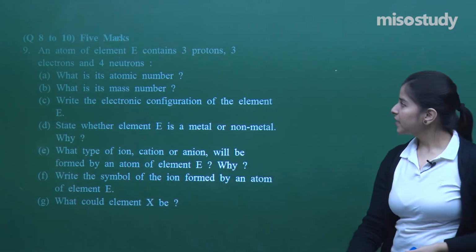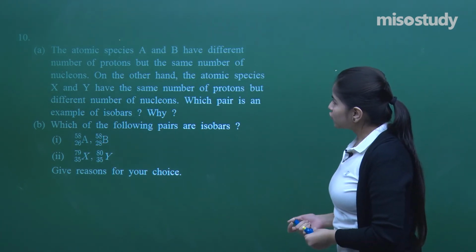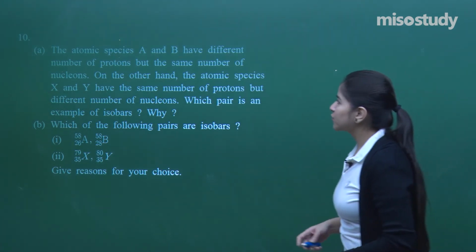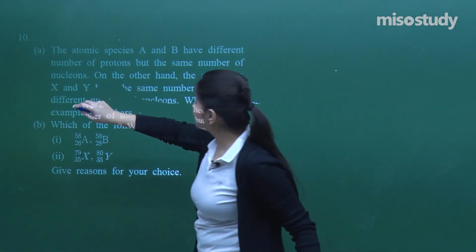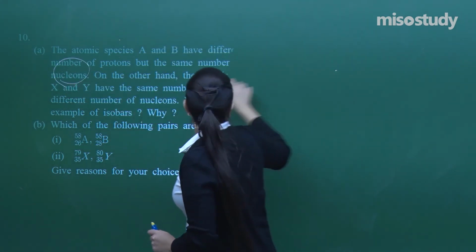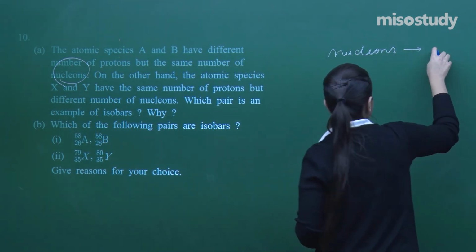Fine. Now the last question. The atomic species A and B have different number of protons but the same number of nucleons. First of all, what is this term nucleon? You know what nucleon is?